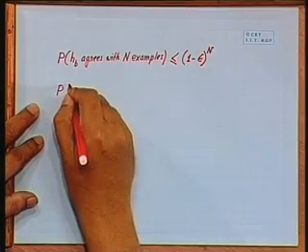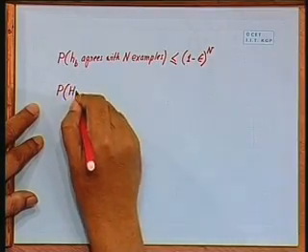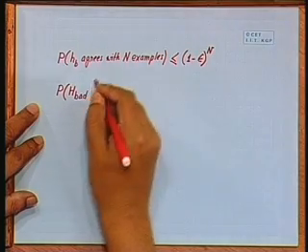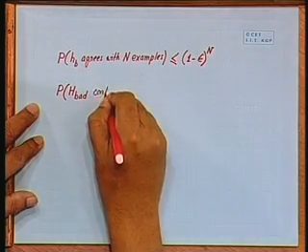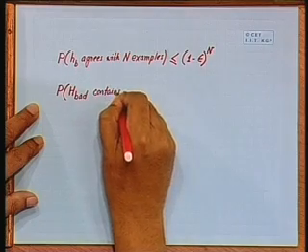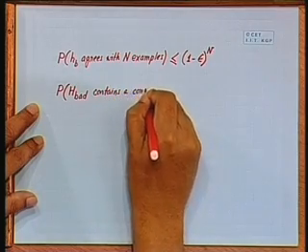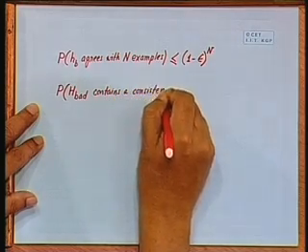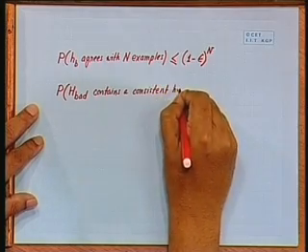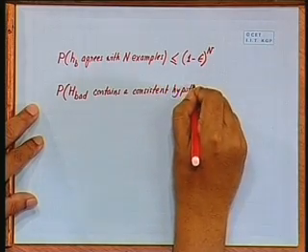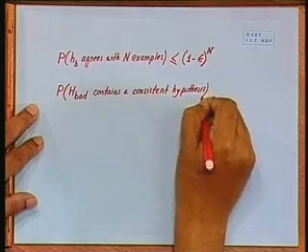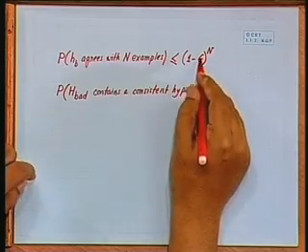Then the probability that H bad contains a consistent hypothesis is the sum of these probabilities.